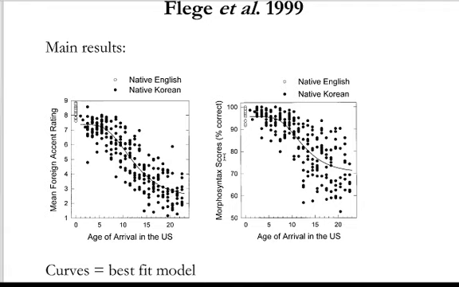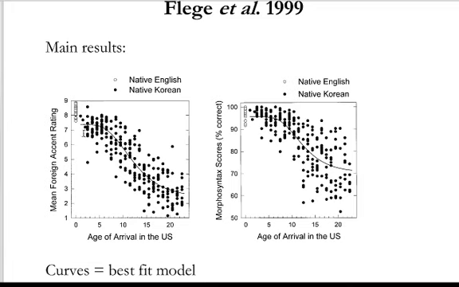Similarly, over here, this is the morphosyntax scores, which I take to be a subset of those grammaticality judgment tasks. And again, this is the native speaker range, and people who arrive in early childhood tend to score almost all in the native range here. And as that AOA gets older, you get, again, more variability at this end of the scale. So that's replicating the patterns that we saw in the earlier studies, as well as lower average performance on this task. And yeah, so this is the data again.